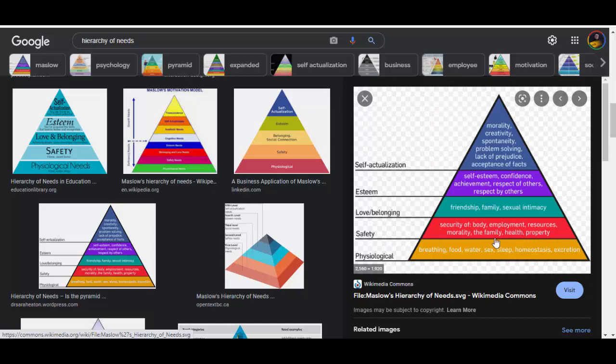All right. So if you look on here, you see this diagram, this pyramid, and you can see that we have physiological needs, safety needs, love and belonging, self-esteem, self-actualization. And if you look deeper, we'll see that physiological needs are the basic needs. Like breathing, water, sex, sleep, the ability to excrete, right?